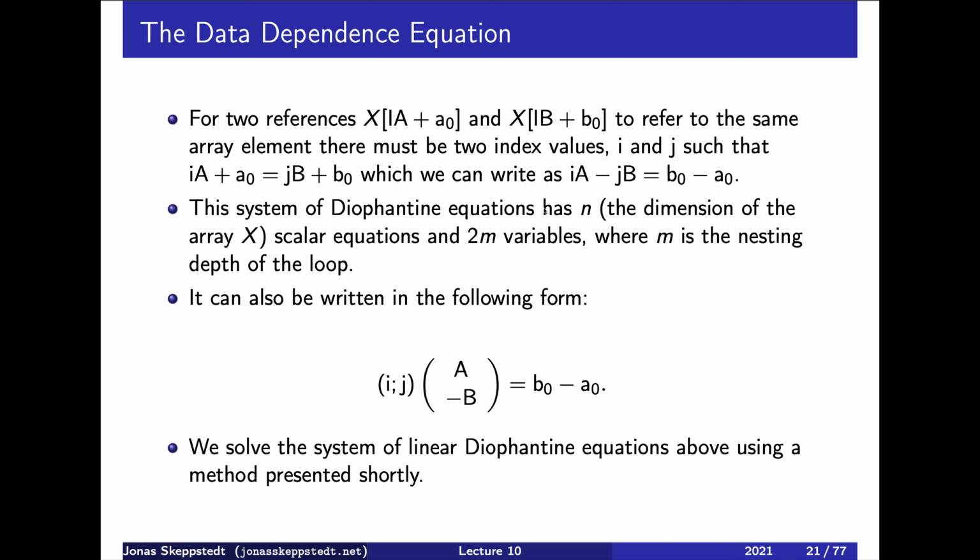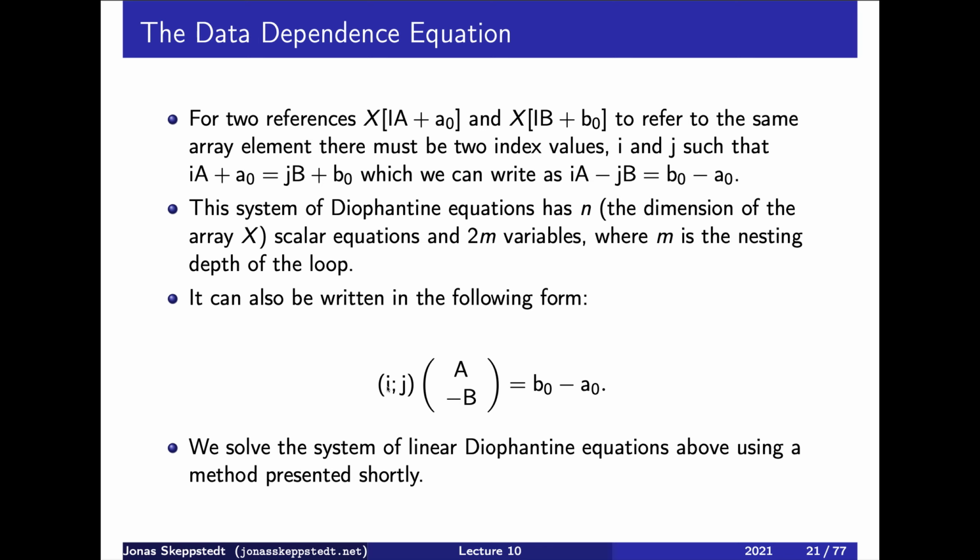So we just create a new matrix with this one above minus b, and these two I and j, they are index variables, but since there are two different iterations, if we have a loop with I, j, k, there will be one I in this and one I in this and one j in this, and etc. So if we have a three nested loop with I, j, k, then there will be 6 unknown variables.